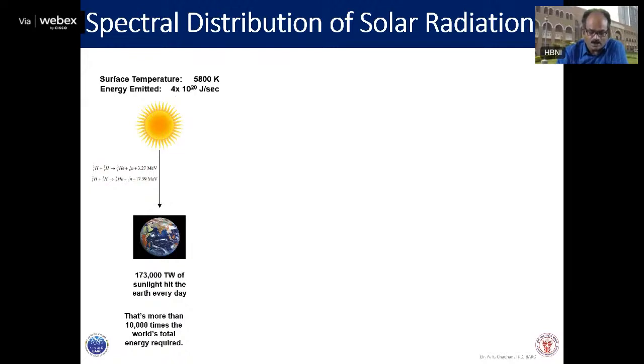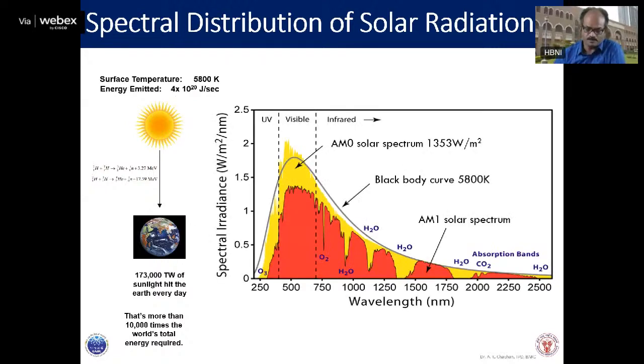So you can imagine how much energy we are receiving from the sun. And this amount is 10,000 times more than the total energy required by the world. So if we can somehow tap this energy, and even a fraction of that energy can be made usable, we will have a sufficient amount of energy for the entire world.